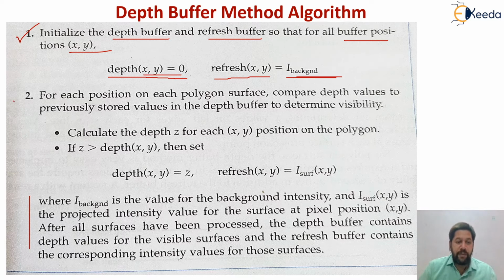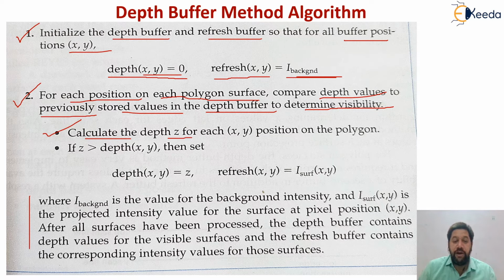What is my step number two now? For each position on each polygon surface, compare the depth value to the previously stored value in the depth buffer to determine the visibility. First, we have to calculate the depth z for each x comma y position in the polygon.